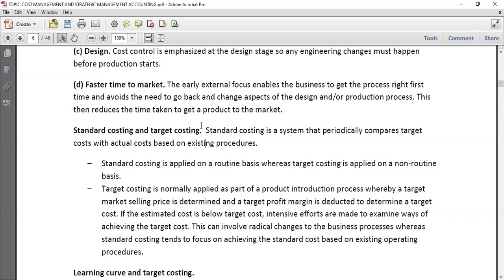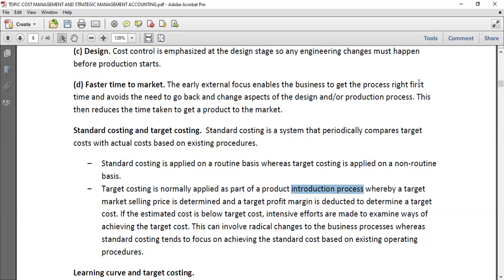Target costing, in comparison, is done at the design stage. We're not waiting until we are in normal production, so it is at the point of the production introduction process. Standard costing, on the other hand, is routine, throughout the product life cycle.